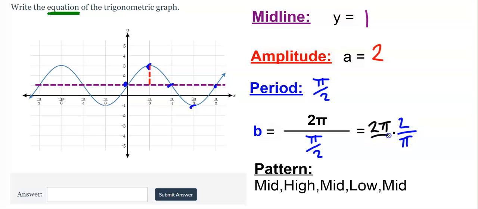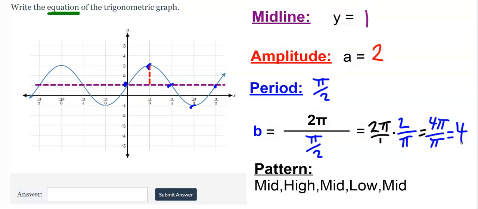Just to make sure you're clear about it, the 2 pi can be rewritten as 2 pi over 1. Now if we multiply this back together, this is going to give us 2 pi times 2, which is 4 pi on the top, and on the bottom we still have pi. If we reduce this though, pi divided by pi cancels out to be reduced to 1, so we're left with 4. So our frequency is 4.